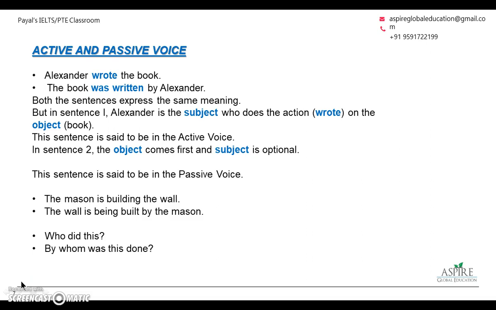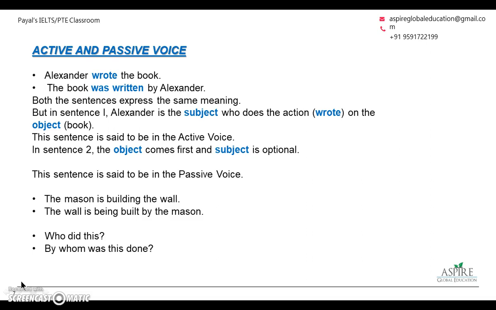Earlier, your subject was coming first, so you may use a different tense. Now, your object is coming first, then you may use a different tense. So, your tenses will change. Sometimes this changing of active and passive and vice versa is done by the examiner to confuse you so that you end up using the same word which you saw, making a grammatically incorrect sentence.